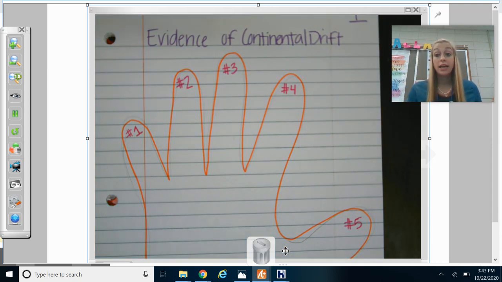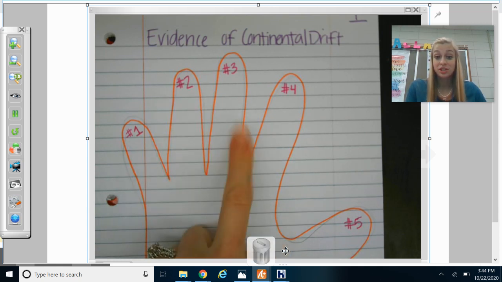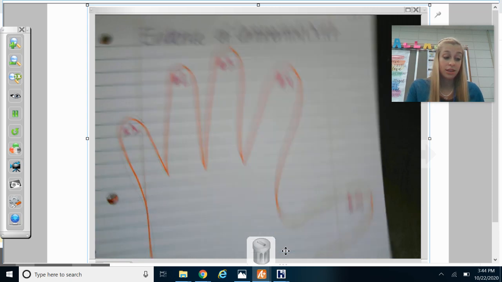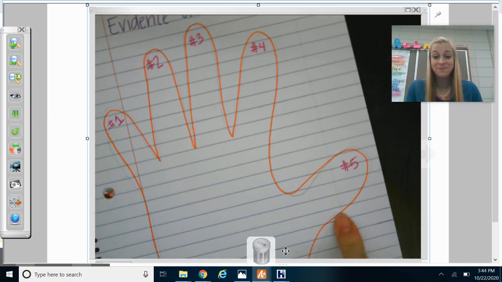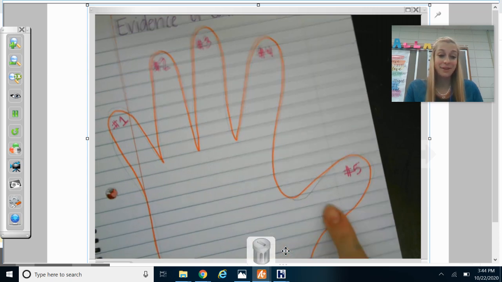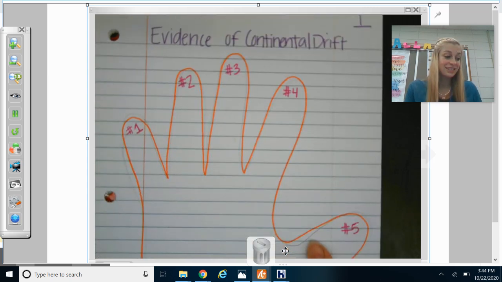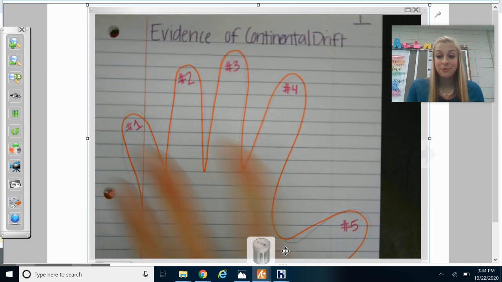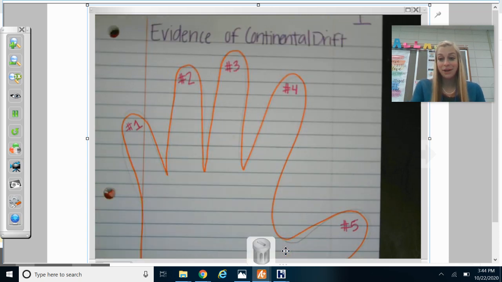But trace your hand, and we don't want any little skinny twig fingers. We're going to write in the fingers. So I need some fat fingers, y'all. My thumb is not this big in real life. It's not, I promise. But I traced it big. So give yourself some fat fingers and set your notebook up like this. So pause it, set your notebook up.